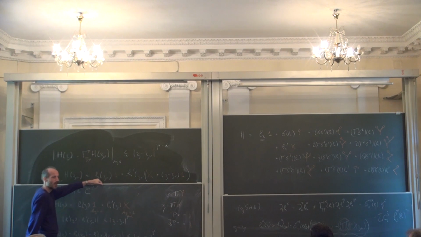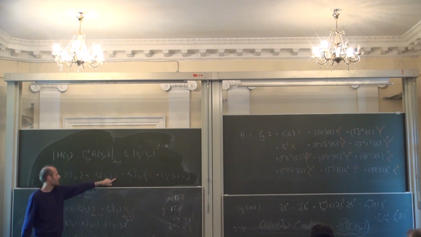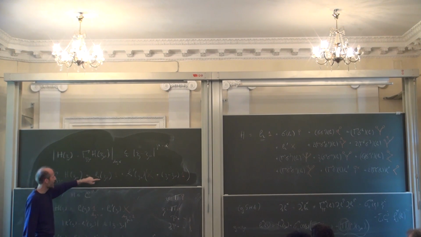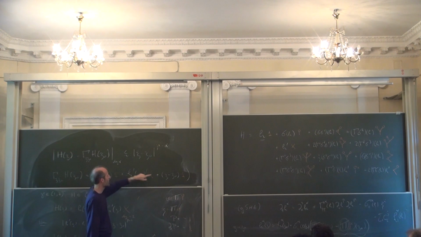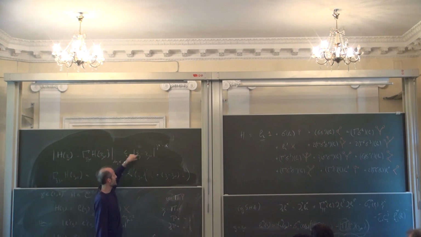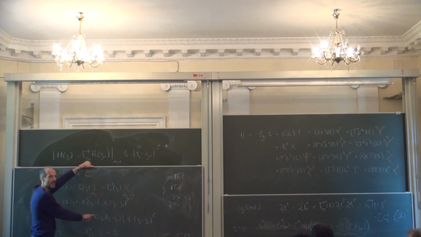Right? Whereas if I look at the coefficient in front of 1, then I'm comparing h of z with h of z naught plus h prime of z naught times z minus z naught. Okay? And I want this difference to be bounded by z minus z naught to the gamma minus 0. Right? And that's exactly what we had written here.